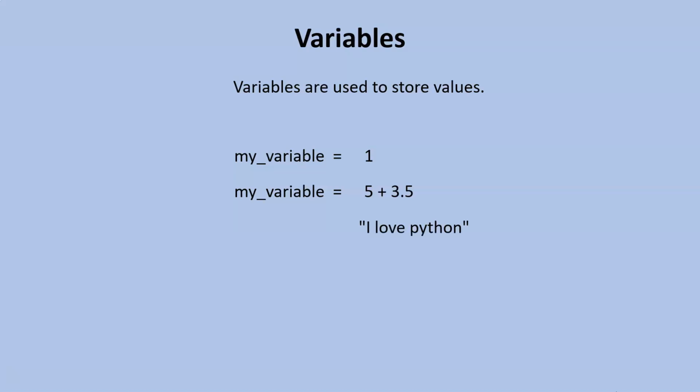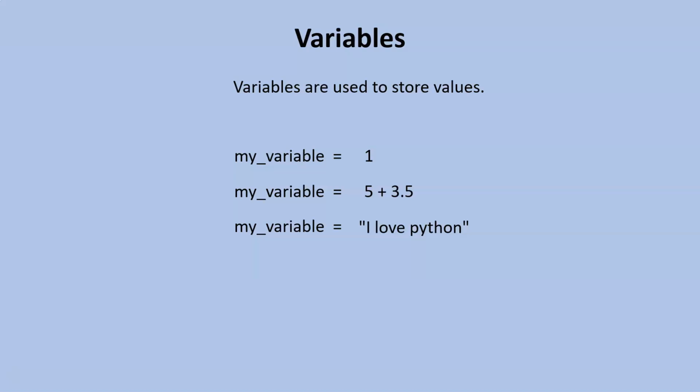We can also store a string value inside of a variable. In this case, we have "I love Python," and we use the assignment operator to assign that value to myVariable. Now, the first time we assigned the value of 1 to myVariable, the value of 1 is contained inside of that variable.